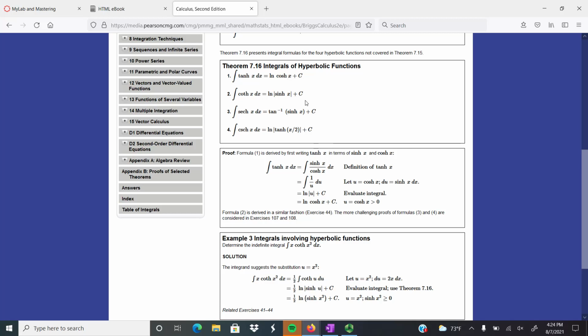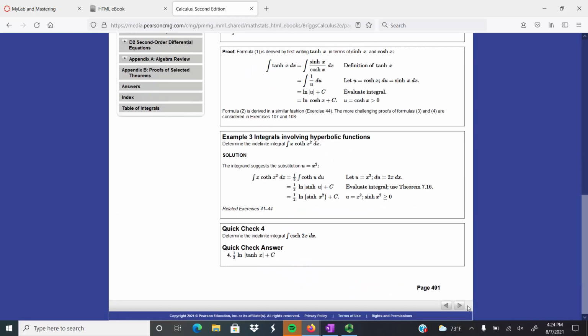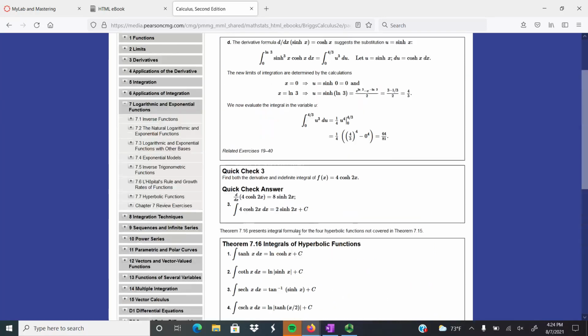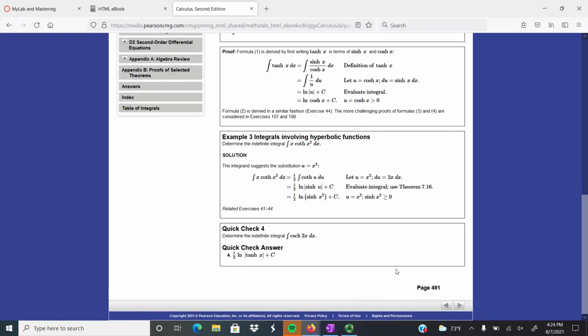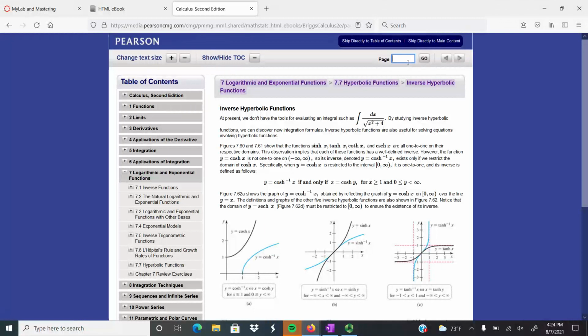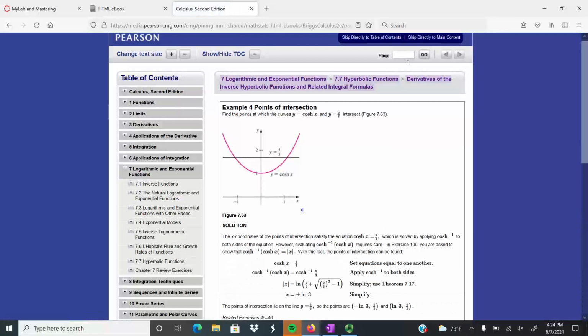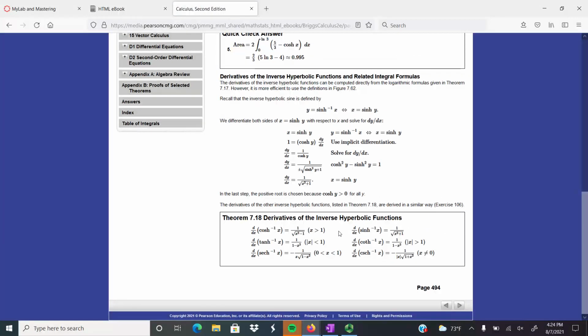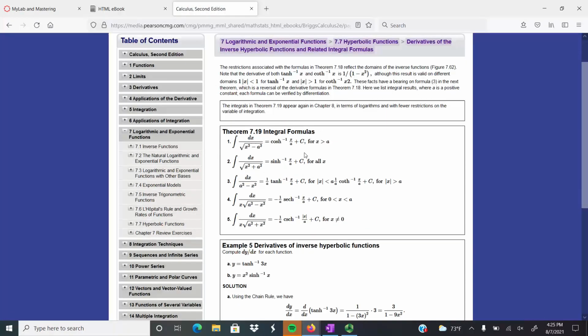So we have this table of information. And then we want 494. So 494, we have this, derivatives of the inverse hyperbolic functions. Okay. And then on 495, we have the integrals of those functions. So we have those listed up.